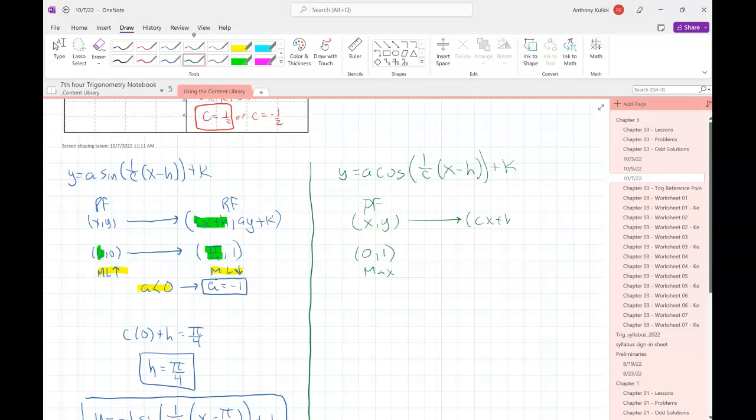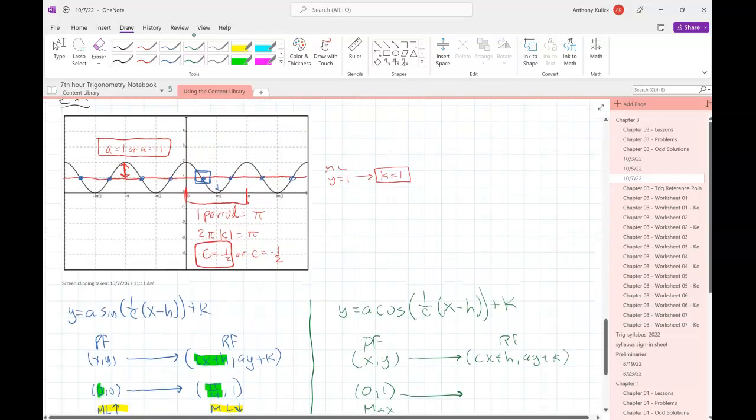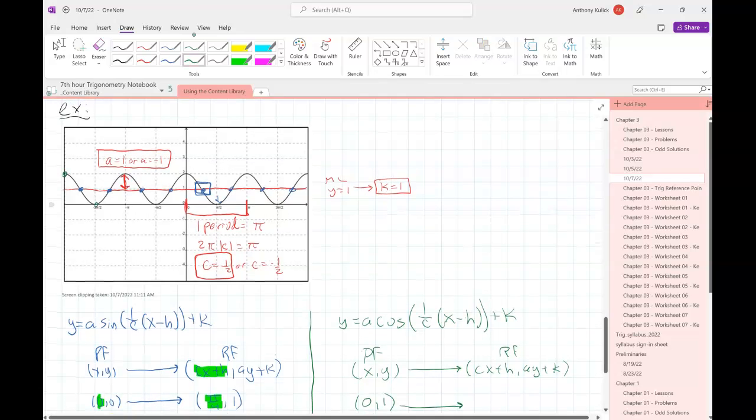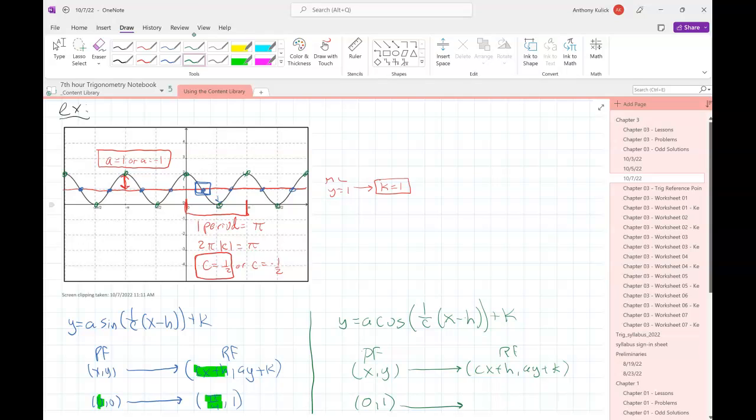We're going to pair that to some other extreme point from my resultant function. Any extreme point will do. We have lots and lots of choices. So any of those maxes or mins are fine.